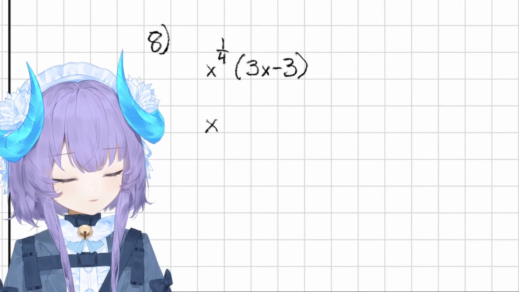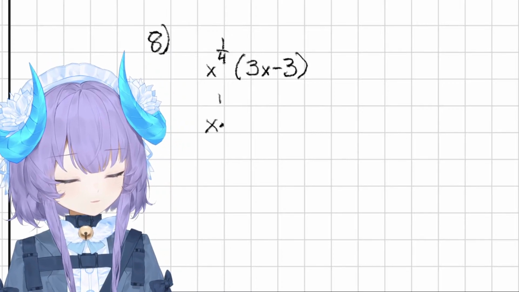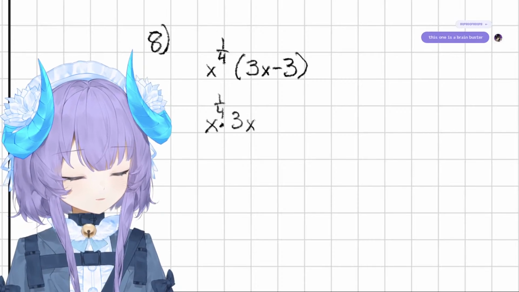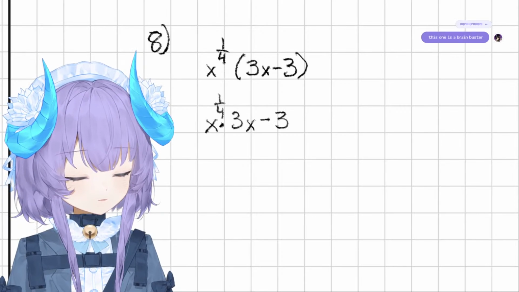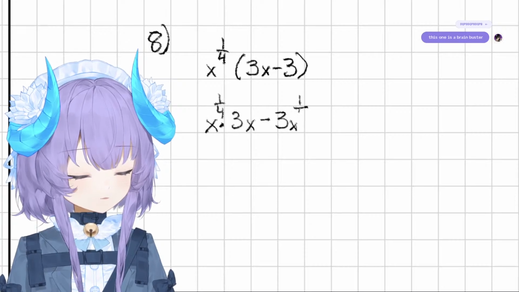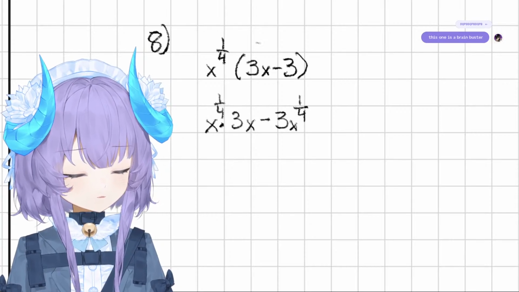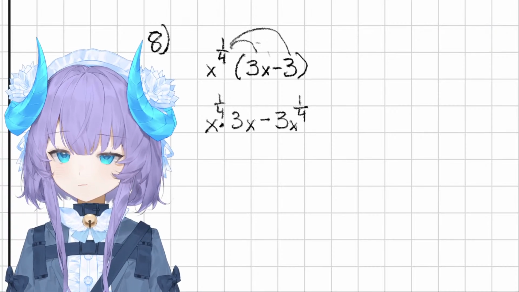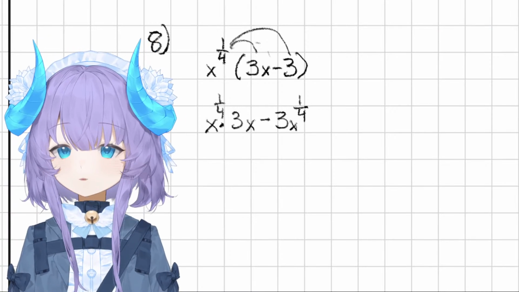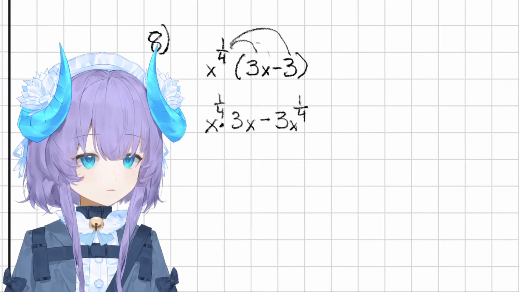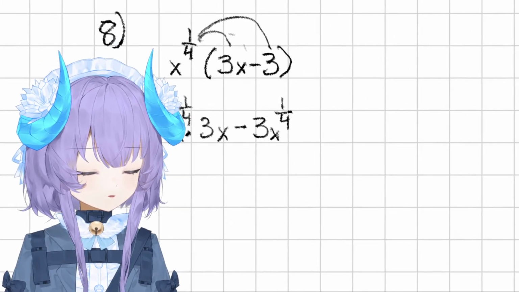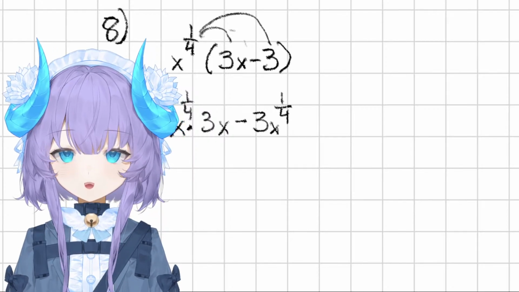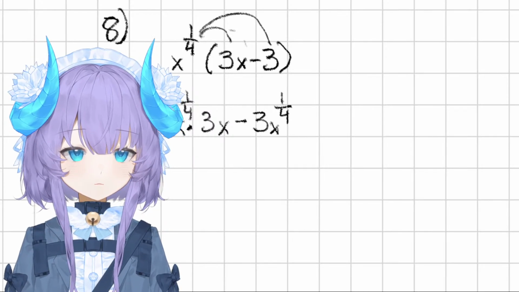So it's going to be x to the 1/4 times 3x minus 3x to the 1/4. So that way we still got it going into each one. Right? That's what the example is showing me. Then from there we can quote unquote combine like terms, right?